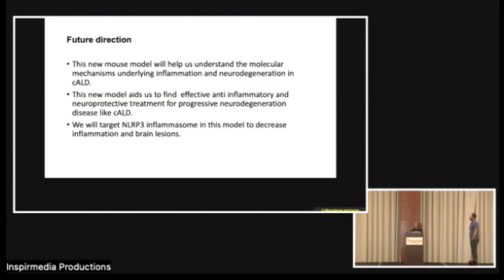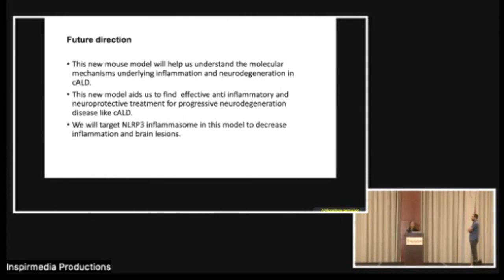So this model is very good because we can understand the molecular mechanism, why the ABCD mutation happens, and what the serial events are that cause the lesion in the brain. That is very good for understanding the mechanism, especially in neuroinflammation. And it also helps us to find anti-inflammatory and neuroprotective treatments for progressive neurodegeneration.